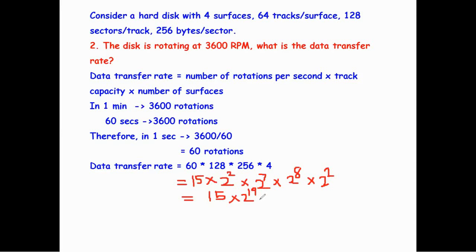Power 20 is equal to 1 MB. So for converting into 1 MB, just multiply by 2 and divide by 2.